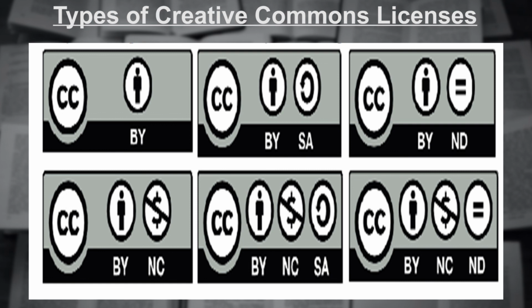Then you are seeing CC BY SA. SA is for share alike. The next is CC BY ND. ND means no derivatives. Next is CC BY NC. NC means non-commercial. Then CC BY NC SA, CC BY NC ND. So these are the 6 major open licenses.